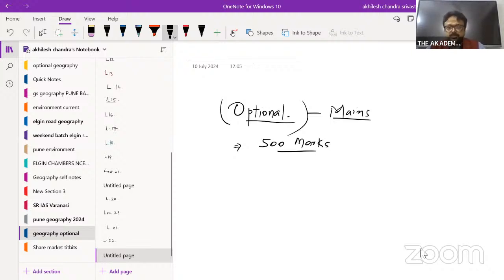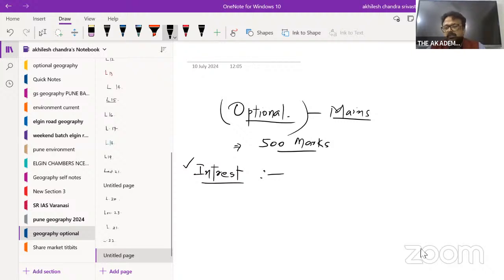Again, there are many options, and anyone can achieve excellence in any of the optionals if there is proper interest. So the first thing to choose an optional is what? Your interest. The first guiding principle while choosing the optional is interest. If you have good interest, not just some interest, and you are a die-hard fan of that very optional, then choose it.